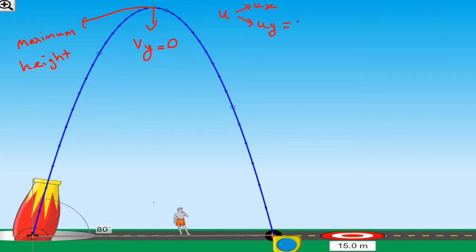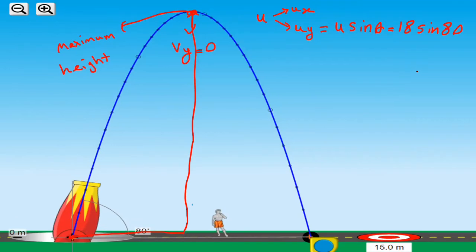So uy is equal to u sine theta, that is equal to 18 sine 80. Right now we want to find out sy, it means the displacement from the point that we shoot our projectile to the highest point.